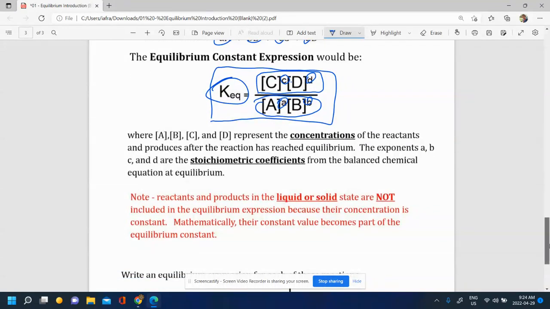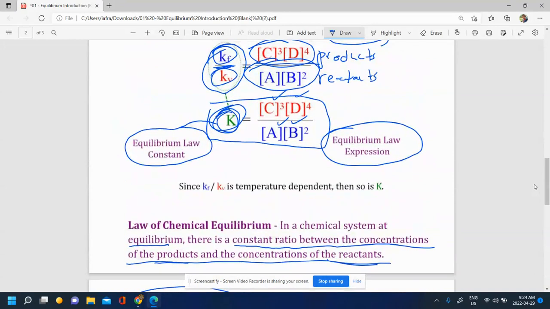So one more important point to mention about the K value, the equilibrium constant here, is that it's important to state what temperature you're reporting this K value at when you're doing problems. And that's because the K value is temperature dependent, right? Rates of reactions are affected by temperature. And so your forward and your reverse are affected differently by the temperature because one might be exothermic, one might be endothermic.